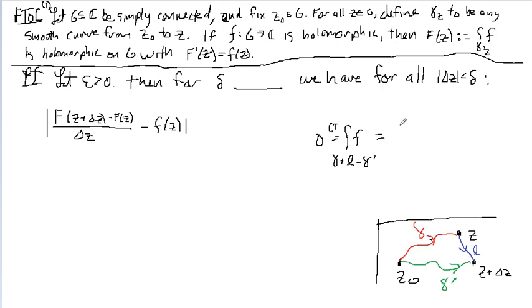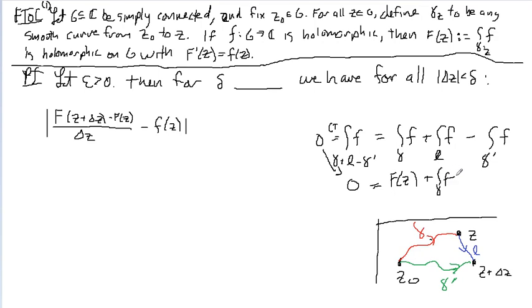This is also equal to the integral of gamma of f plus the integral around L of f minus the integral around gamma prime of f. Oh, but that gives me 0 is equal to, this is big F of z, this is the integral around L of f, and that is big F of z plus delta z.